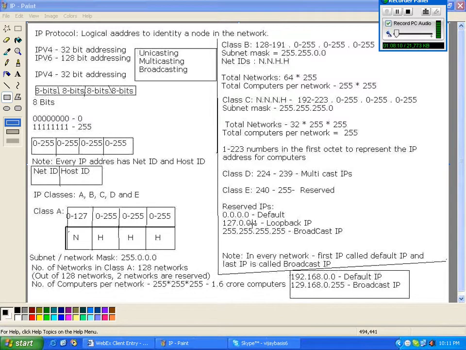You cannot use this anywhere. It is reserved for some specific purpose. Apart from this, in each network, the first IP and last IP are also reserved: default IP and broadcast IP. All other IPs in between can be used for computers.